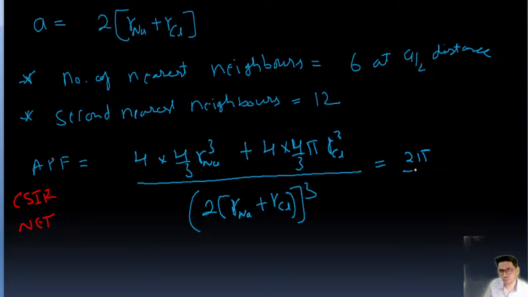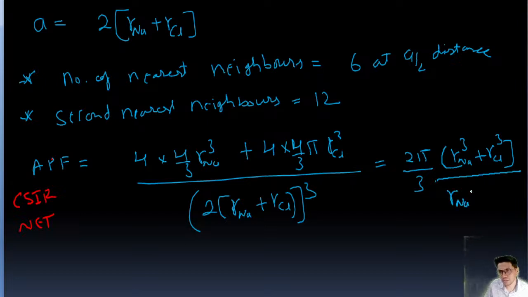So 2 pi by 3 into RNa cube plus RCl cube, upon RNa plus RCl whole cube.